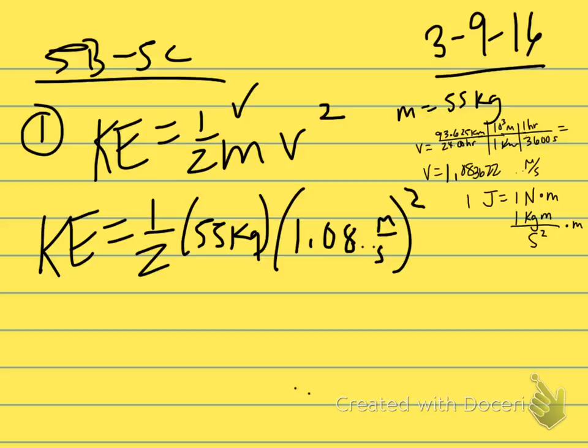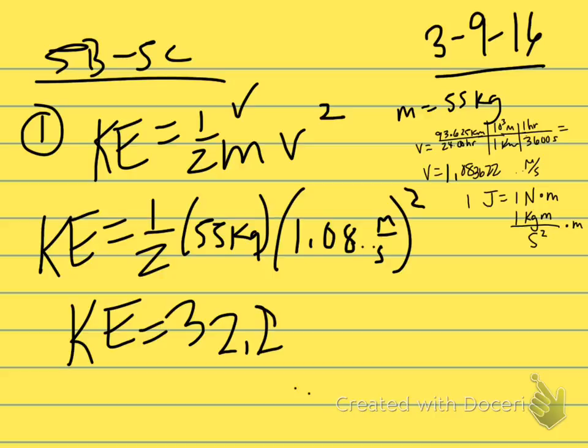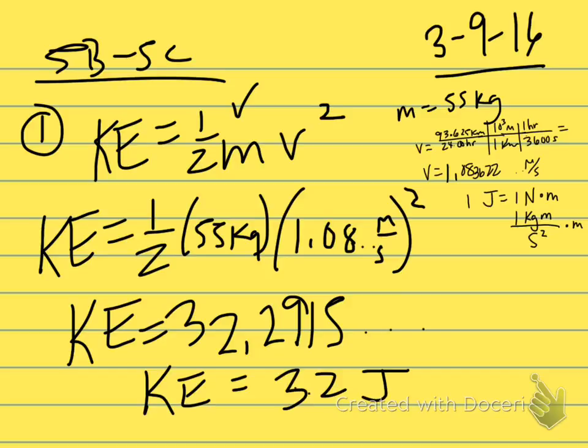That was the other mistake a few people made, and this is a really simple one. It's a classic mistake. You write out the formula, you write that the velocity is squared, but then you forget to square it. So what you get for your kinetic energy should be 32.2915, on and on. With sig figs, you get a KE of 32 joules.